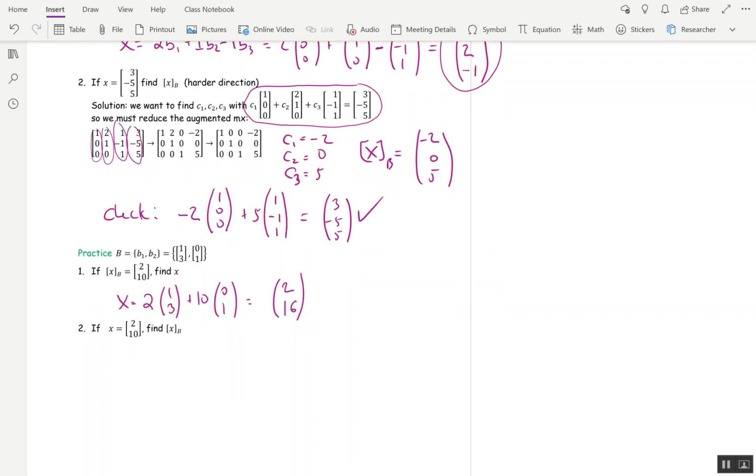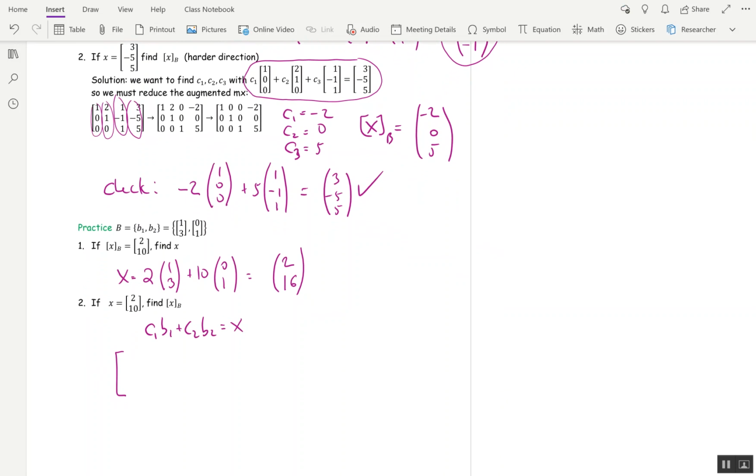All right, and then the harder direction, if we're given x and we want xb, then we want to solve the equation c1b1 plus c2b2 equals x. So we reduce the augmented matrix that has b1 as the first column, b2 as the second column, and x as the third column.